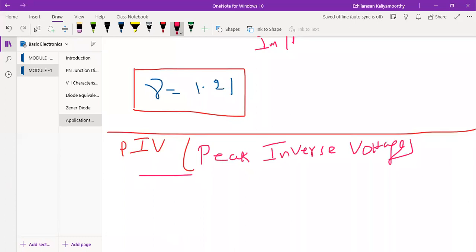So what is peak inverse voltage? It is the maximum reverse voltage which the rectifier is required to withstand during the non-conducting period. Normally in a half-wave rectifier, the PIV will be equal to Vm, the peak value of the applied voltage.